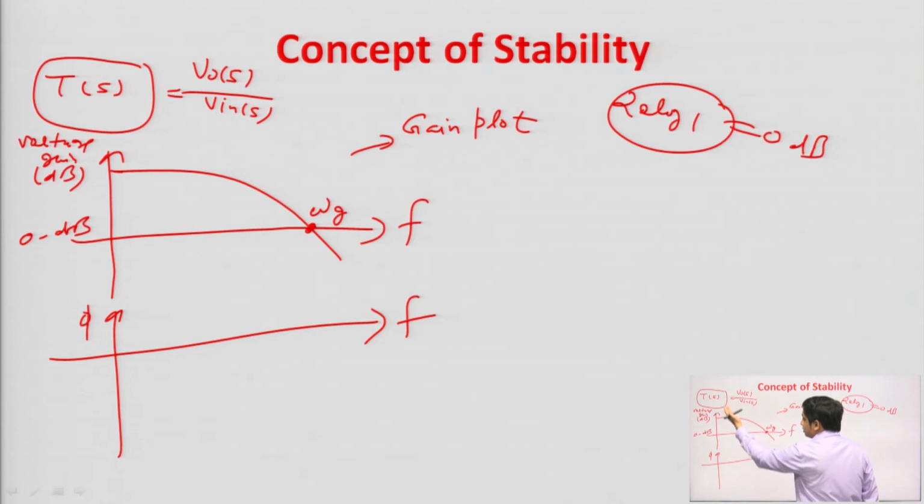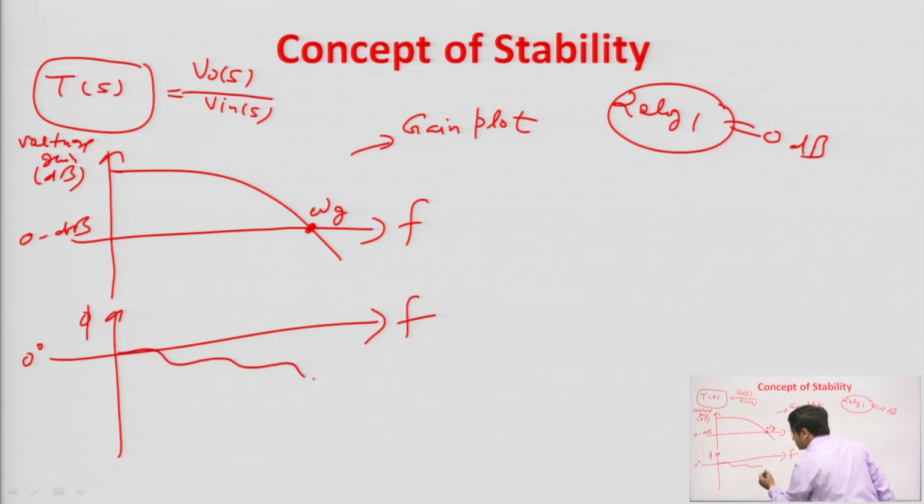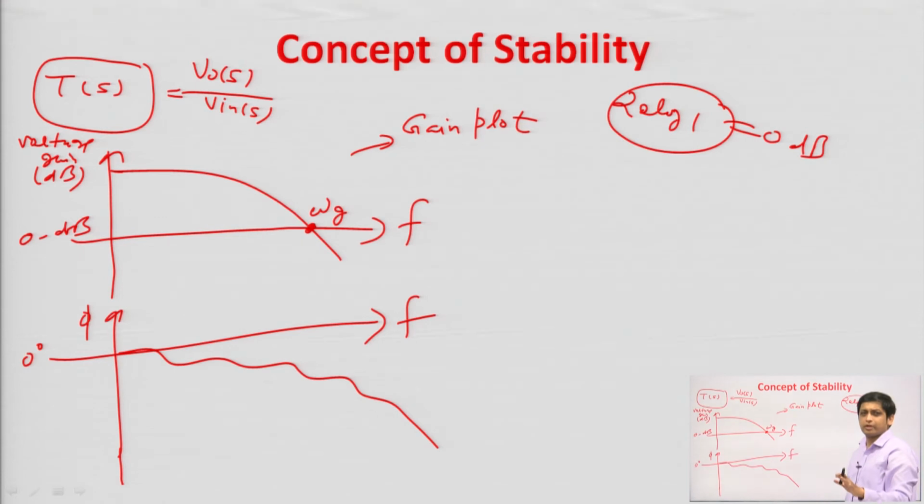Similarly, we will draw the phase plot for this transfer function. It is your 0 degree, and suppose that this phase plot is like this. I am randomly drawing it just to make you understand how we determine whether the amplifier is stable or not, fine. And we draw a horizontal line from minus 180 degree phase angle, right.